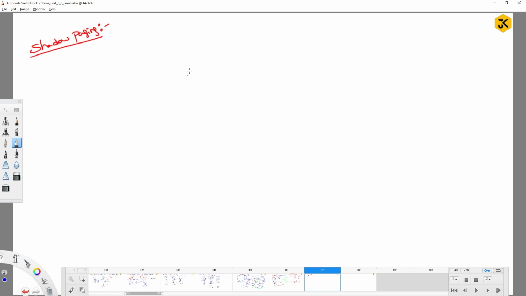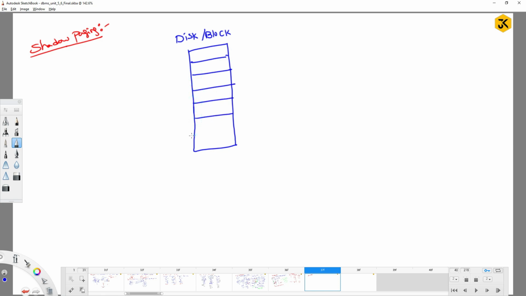So basically, if you observe any kind of disk, or if I say a block, it contains your data arranged in the form of pages. So if I say this is page 0, page 1, page 2, page 3 and so on, right?